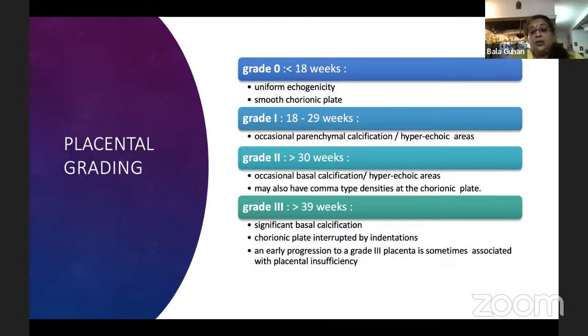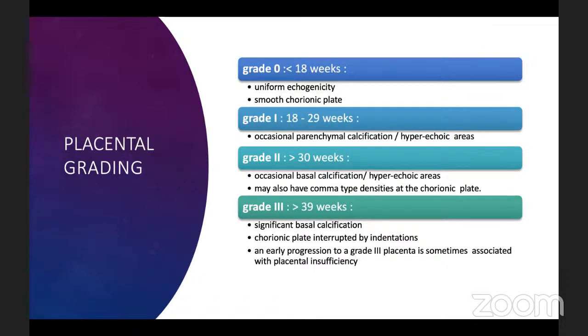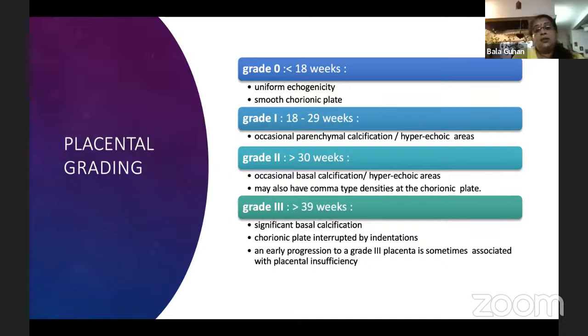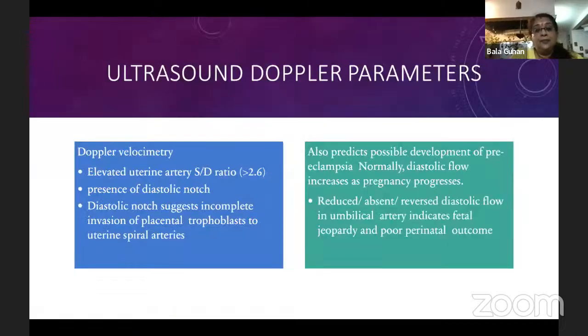Early progression to a grade 3 placenta is sometimes associated with placental insufficiency, which is detrimental for the baby's growth. So grade 3 placenta, which is usually seen towards late term, that is 39 weeks, should not happen earlier and should be looked at with caution if it occurs earlier.